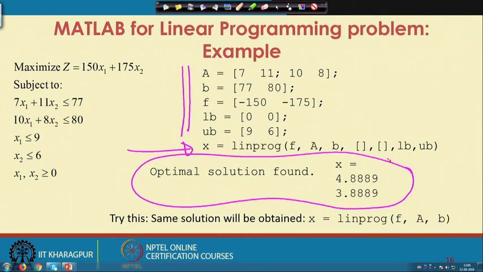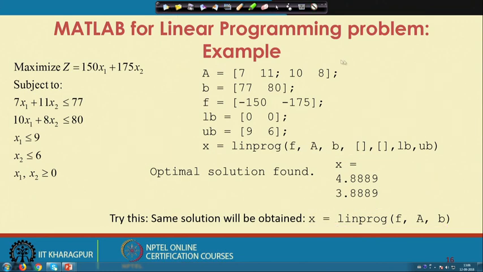So, you will get a message that the optimal solution is found and x equal to 4.8889, 3.8889. So, this is the optimal solution to this problem. You do not have to supply the lower bound and upper bound. You can also try x equal to linprog(f, A, b), and if you do that, you will get the same solution.